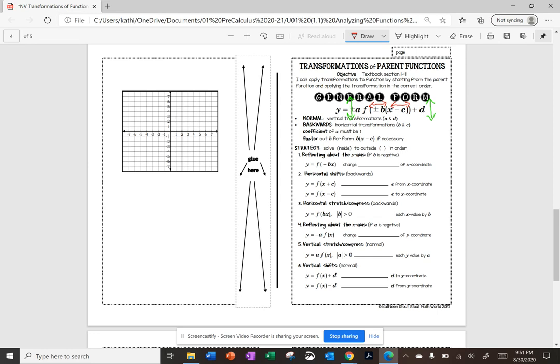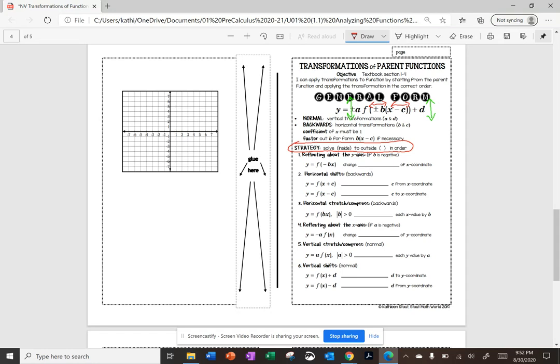Okay, so we have a couple things going on here, and I want to solve my transformations not from left to right. I actually am going to solve in a very specific order. So here, solve from the inside to the outside.